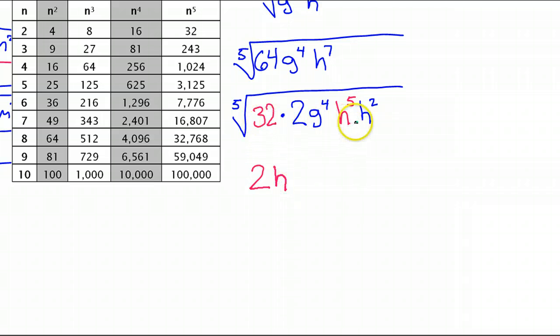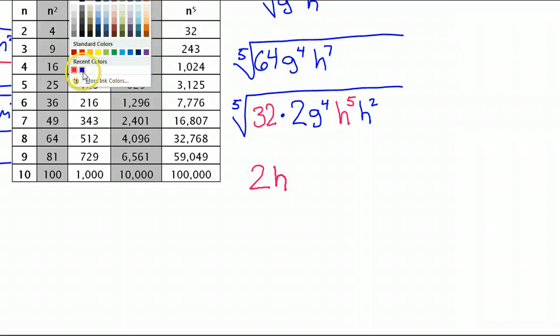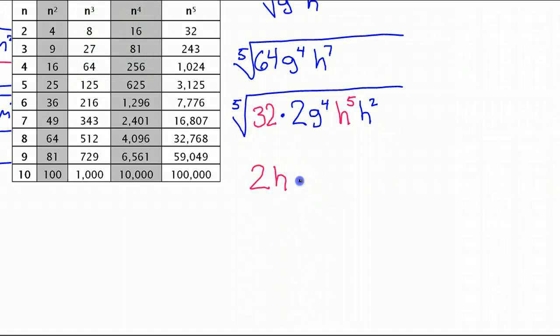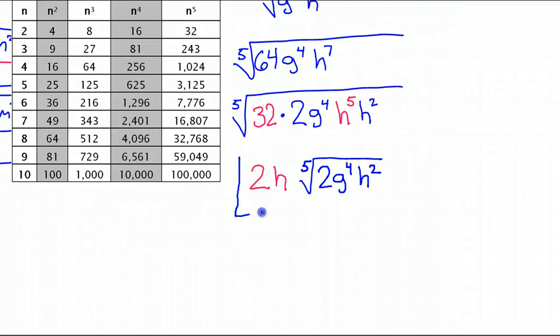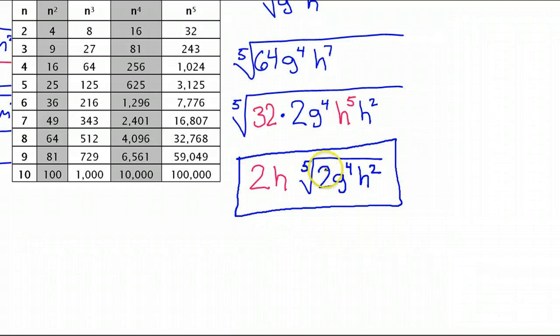So these two things became 2 and h. Now everything that's here in blue is just going to stay under the radical. So I'm going to have the fifth root of 2g to the fourth power h squared. So that will be the final answer for number 9.